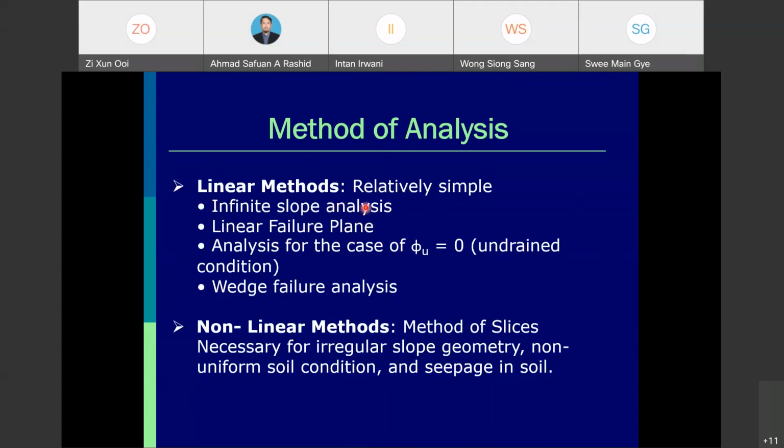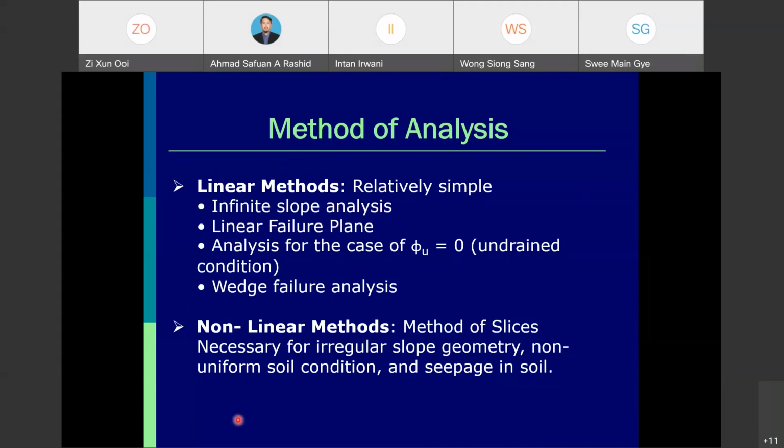The linear method is relatively simple. For the infinite slope analysis, we may use the linear method. There is no non-linear or circular type of analysis for the infinite slope, so there will be a linear failure plane.